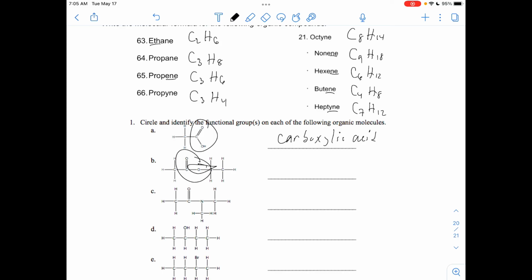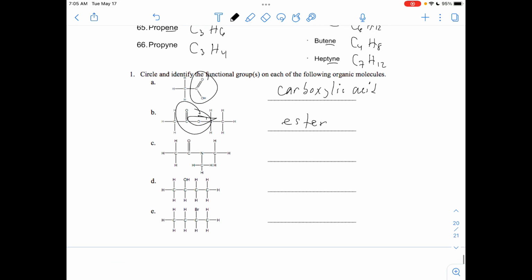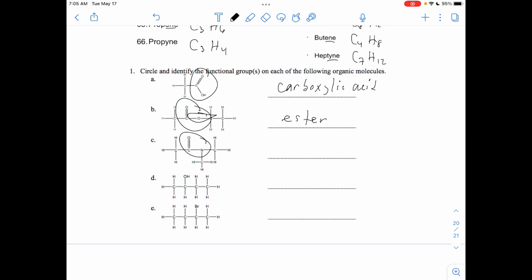Okay, this one is an ether with a crown, so it's an ester. You know, it might seem very difficult to identify these things, but when you take OChem, since you work with it so much, you naturally memorize it. So one day, maybe you guys will memorize it.